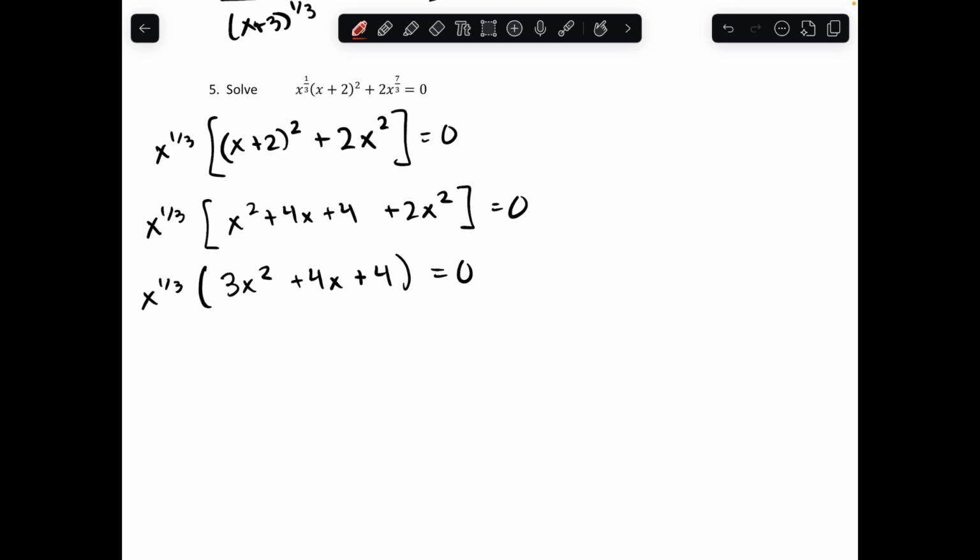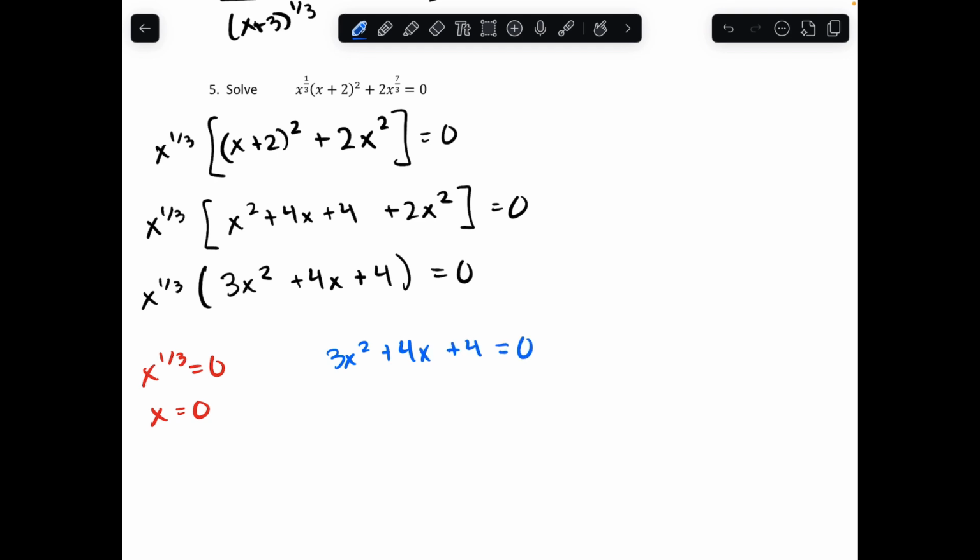Now, our zero product property tells us that x to the 1/3 has to be equal to 0, and so x is going to be equal to 0 is one of our solutions. It also says that 3x squared plus 4x plus 4 is going to be equal to 0 as well.